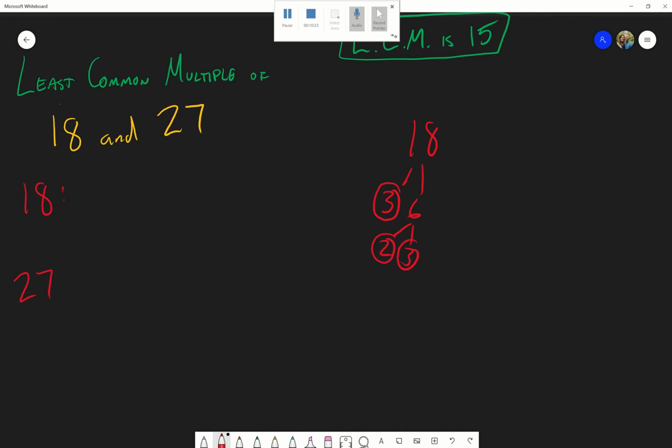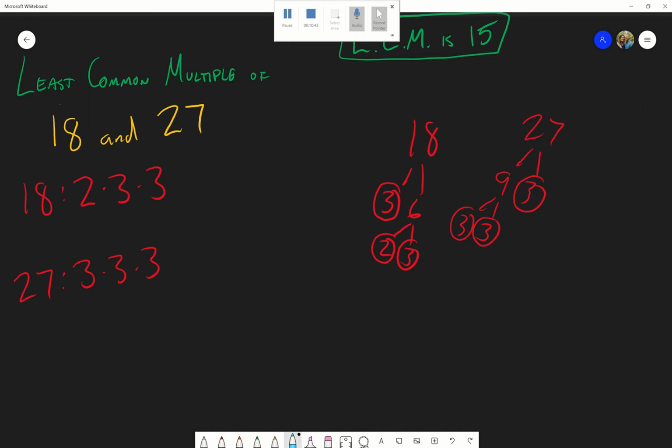So 18 is 2 times 3 times 3. 27 breaks down into 9 times 3. 3 is prime. 9 breaks down into 3 and 3. So 27 is 3 times 3 times 3.